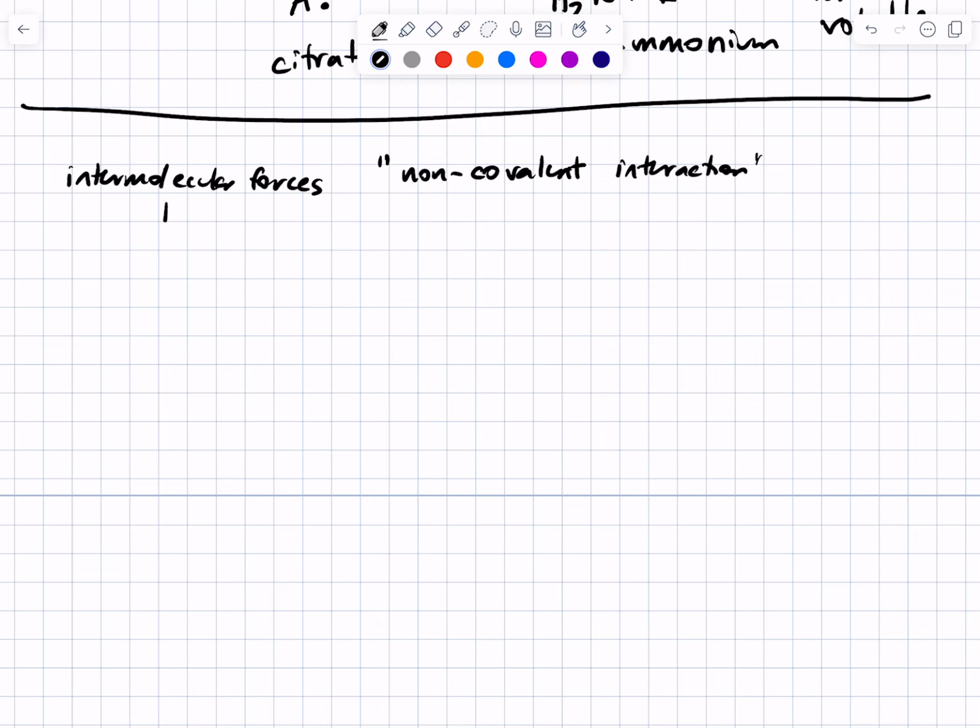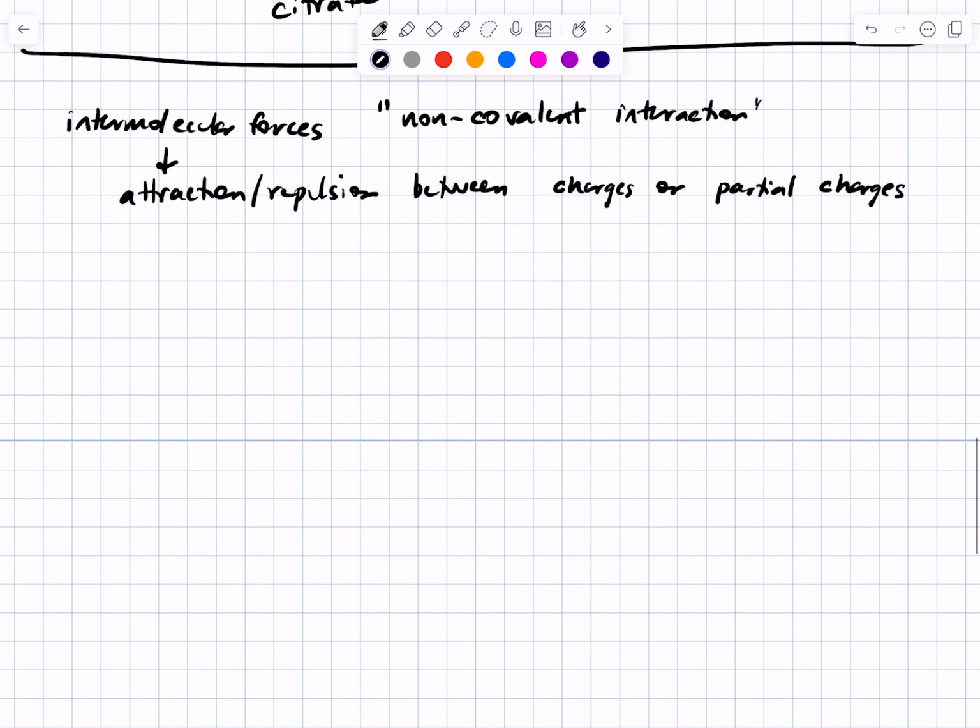Basically, we are talking about attraction, or really attraction or repulsion, between either full charges or partial charges. Or another way of saying partial charges might be a non-uniform distribution of charge in a molecule.